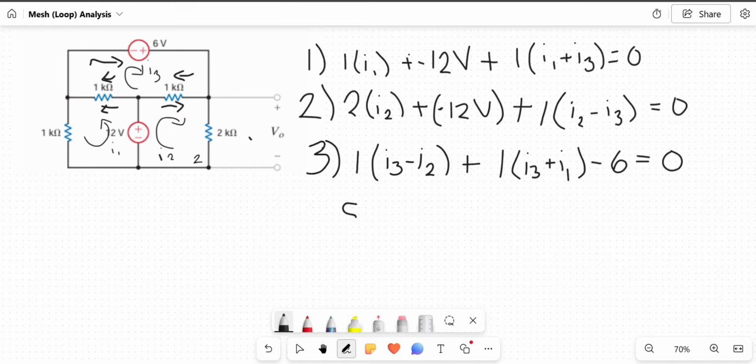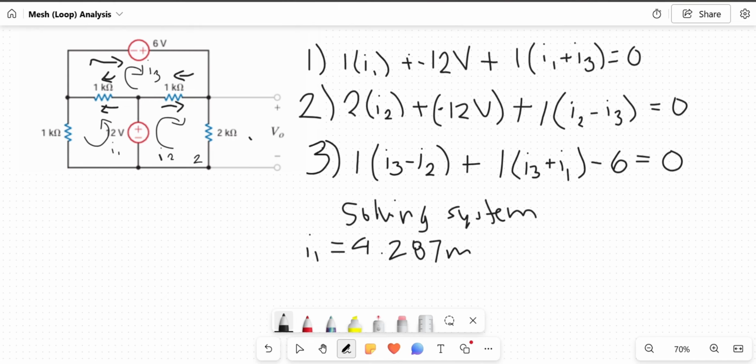Solving the system of equations, we get I1 to be 2.857 milliamps, I2 to be 5.1429 milliamps, and I3 to be 3.4286 milliamps.